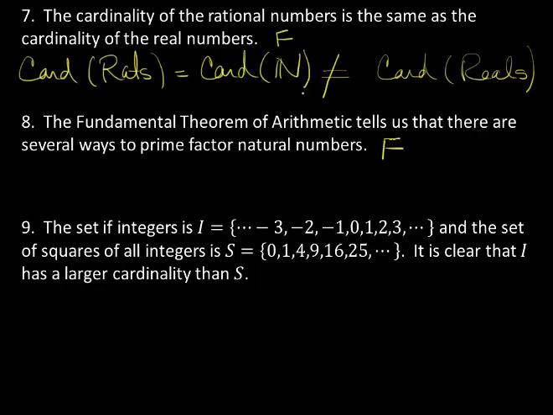And the set of squares of all integers is capital S equals left curly brace 0, 1, 4, 9, 16, 25, dot dot dot right curly brace. It is clear that the integers have a larger cardinality than the set S. This is false, but you have to think of why.